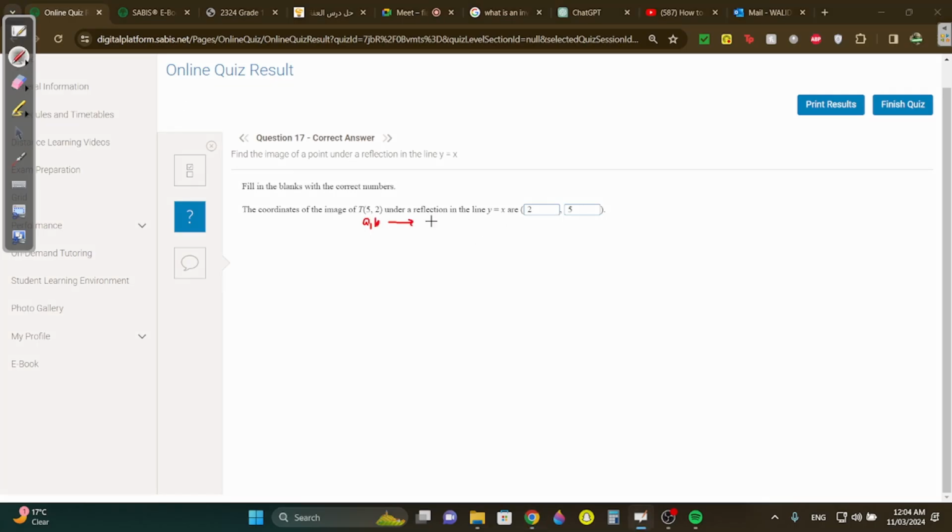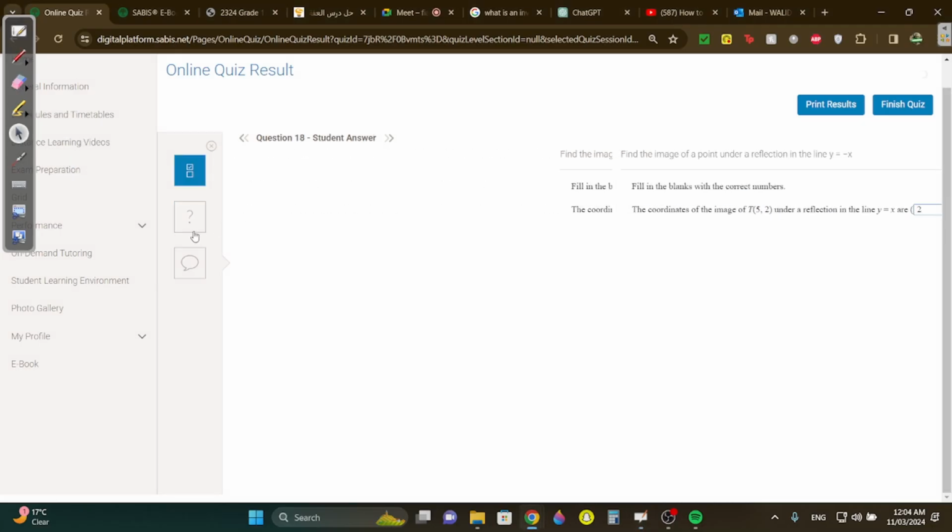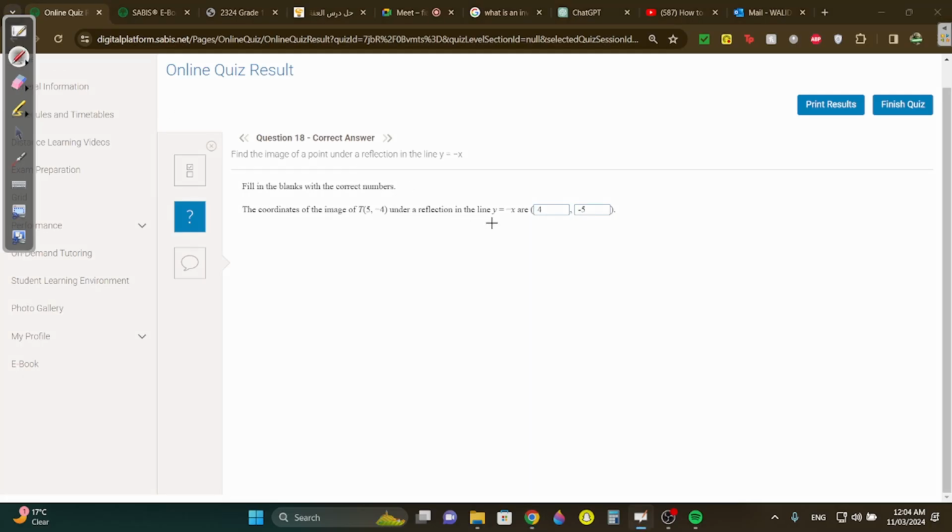A comma B goes to B comma A. Question 18, reflection in the line y equals minus x. Remember, A comma B goes to minus B comma minus A. So 5 comma negative 4 becomes 4 comma negative 5. Switch the places and switch the signs.